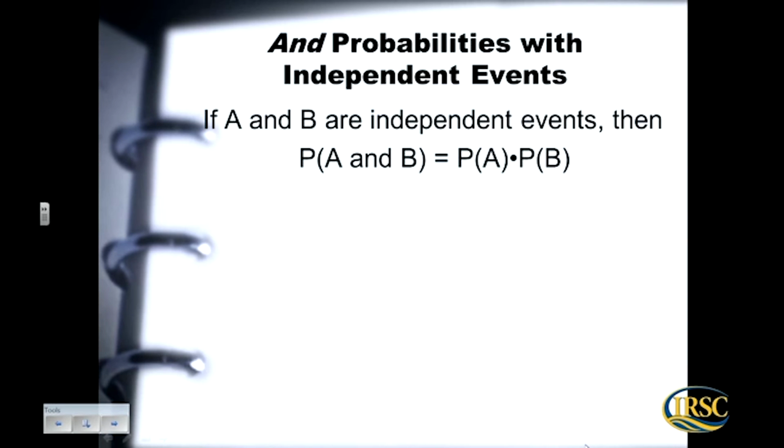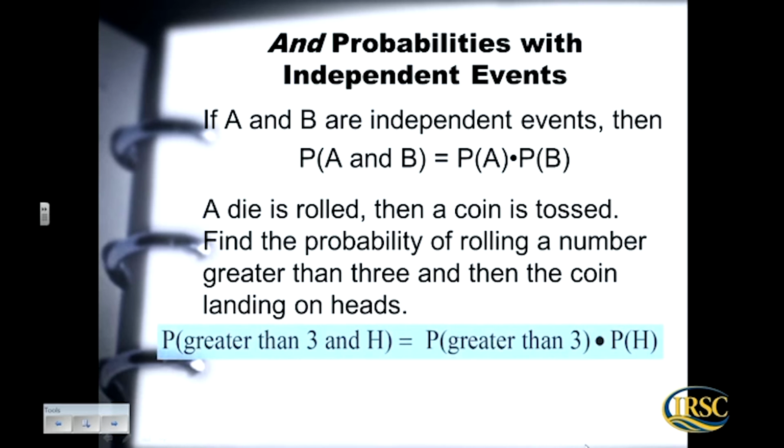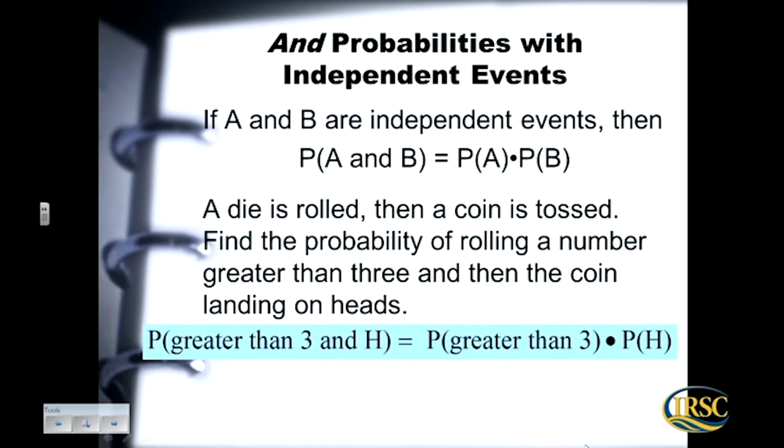So let's do this problem again, but this time we're not going to list our sample space. We're just going to use this formula. So the probability of the die greater than 3 and the coin landing on heads. So that means all we have to do is find the probability of getting greater than 3 and find the probability of landing on heads.